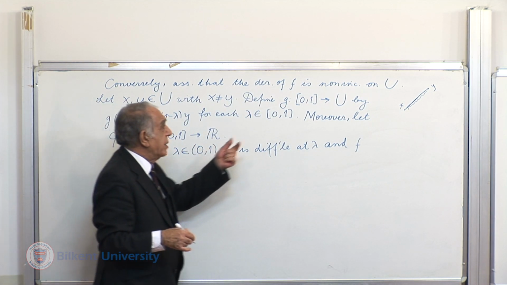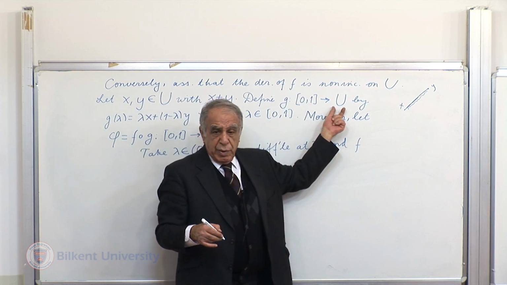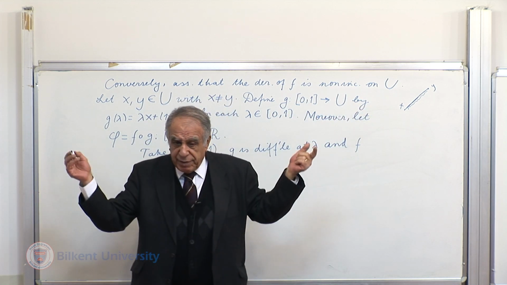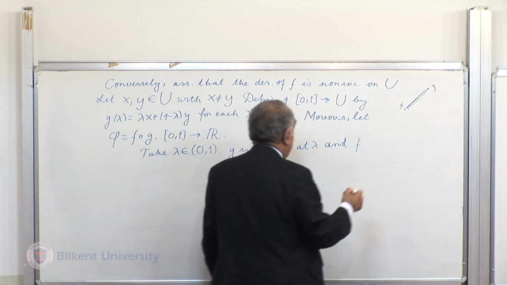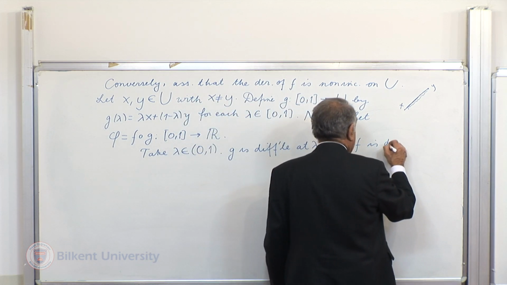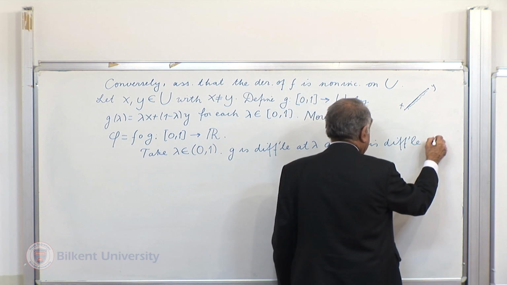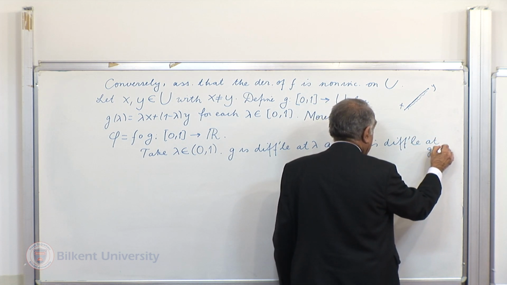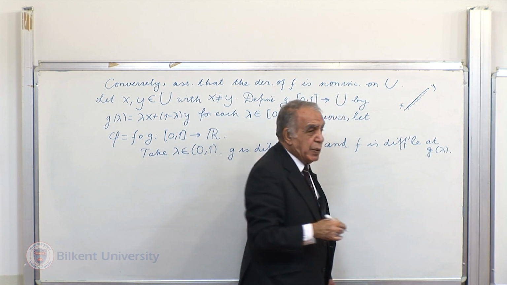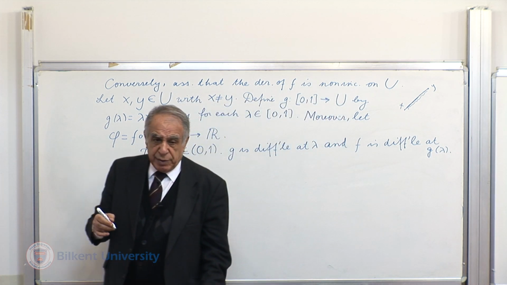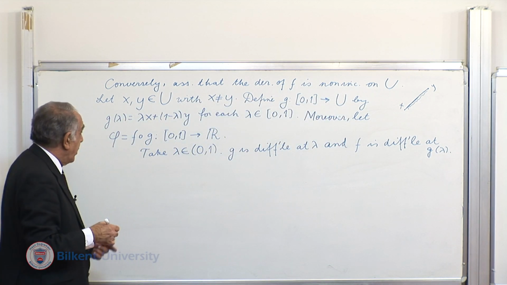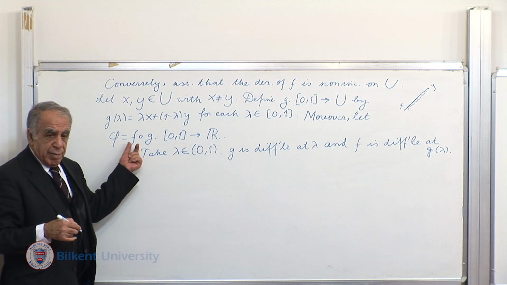Well, g of lambda will belong to U, and we know that f is differentiable on U. And f is differentiable at g of lambda. So we can use the chain rule here in forming the derivative of this composite function.